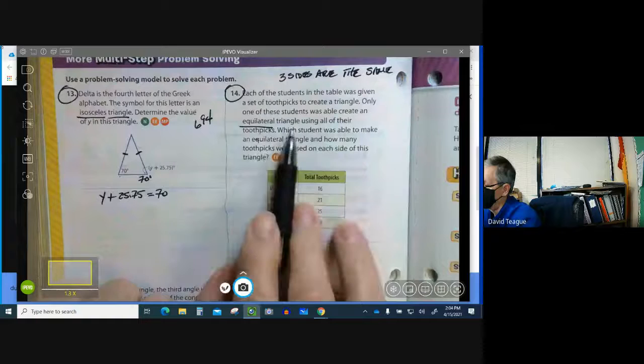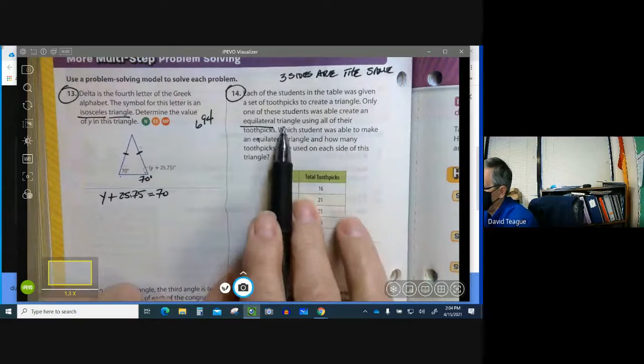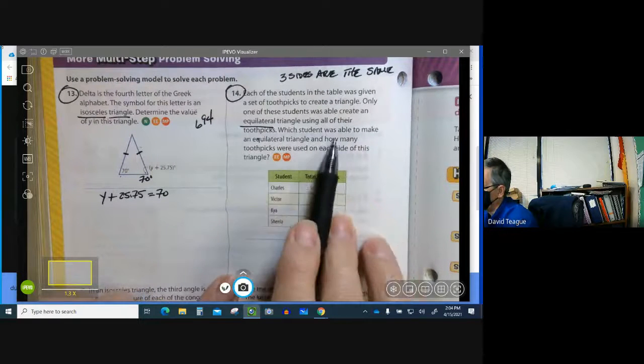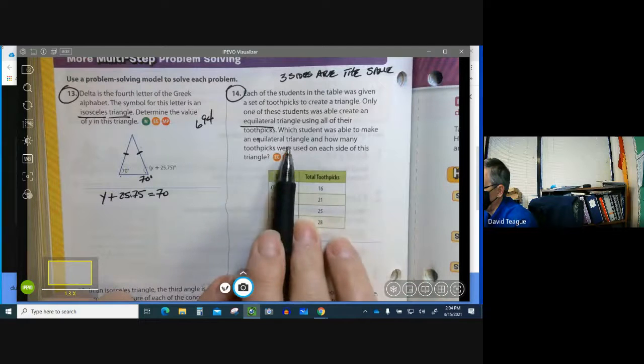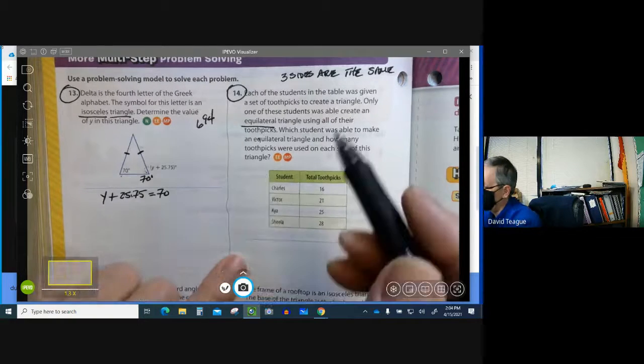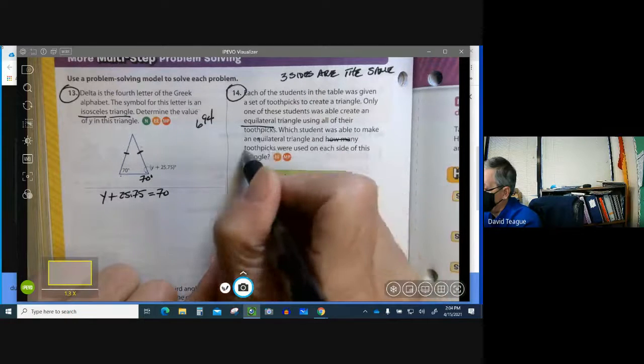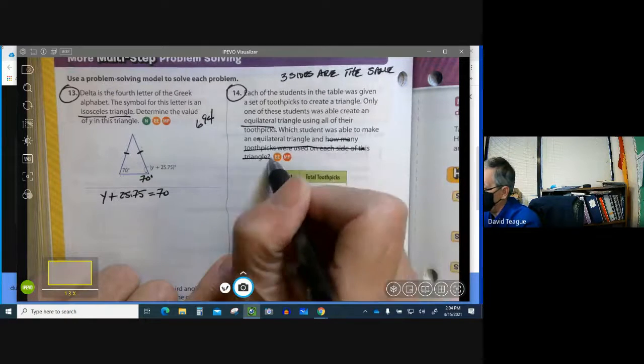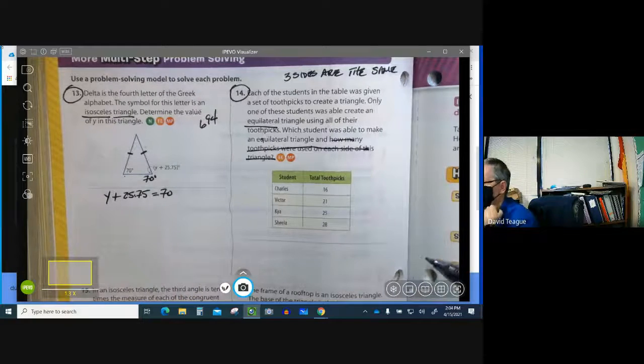Which student was able to make an equilateral triangle and how many toothpicks were used for each side of the triangle? You don't have to worry about this. You just tell me who can make an equilateral triangle.